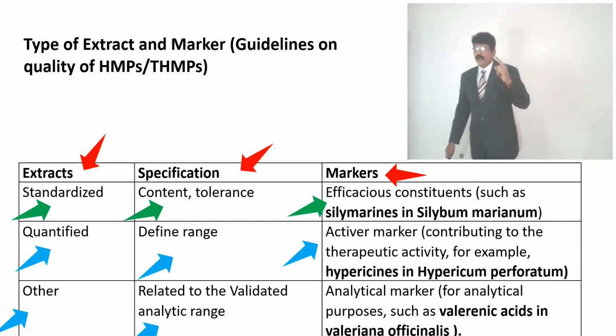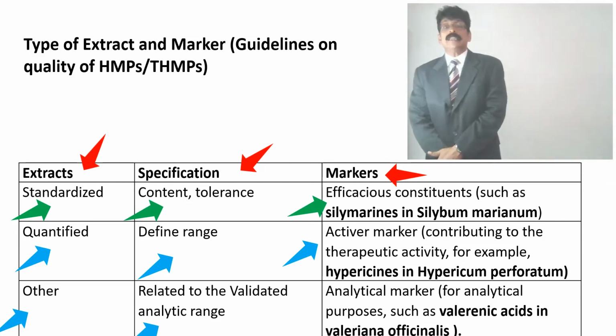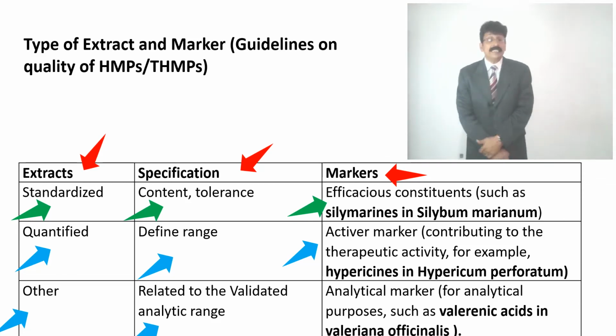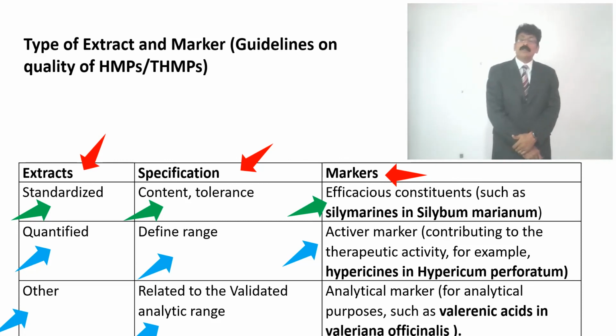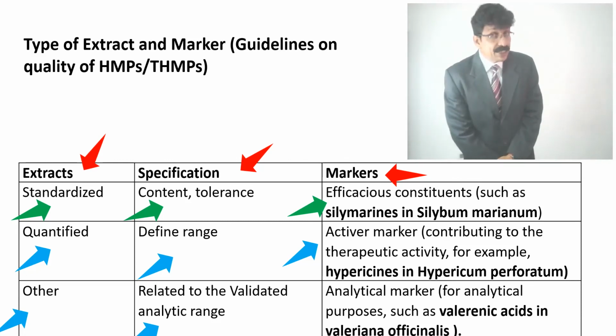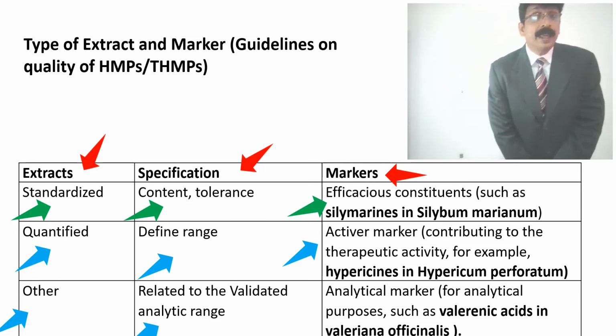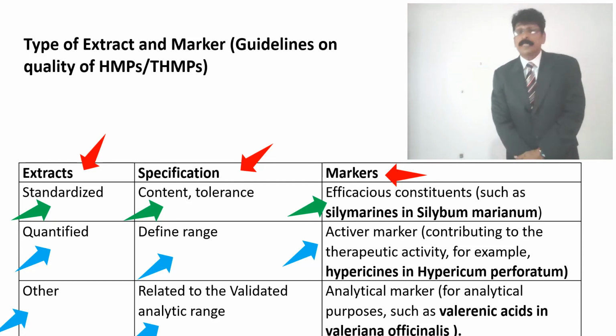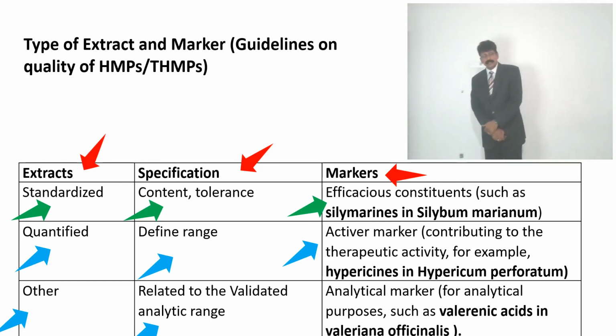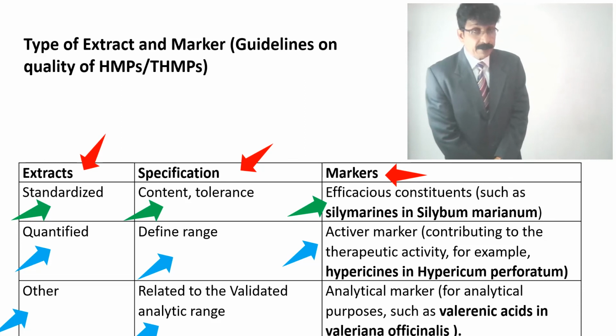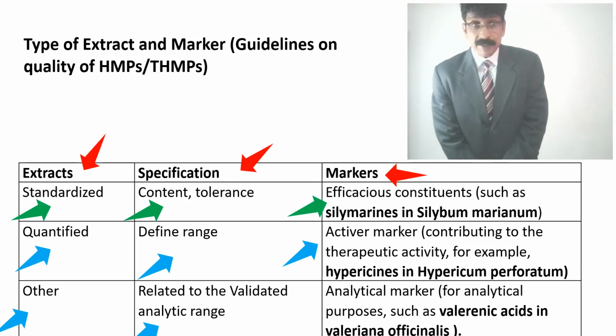So you know that in the European Union and in the ICH, when you study standardization, the guidelines they have given divide it into three types: standardized herbal products or herbal materials, quantified herbal products or herbal materials, and others.